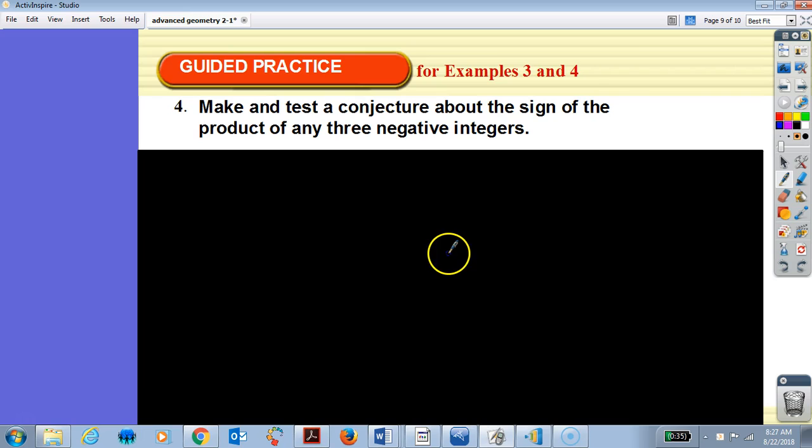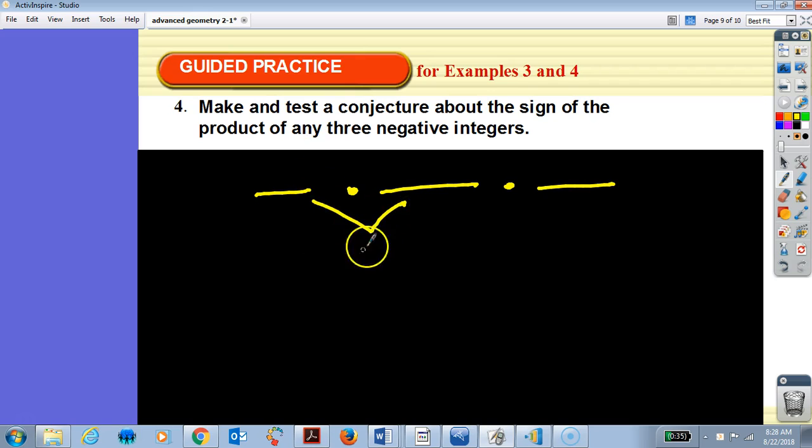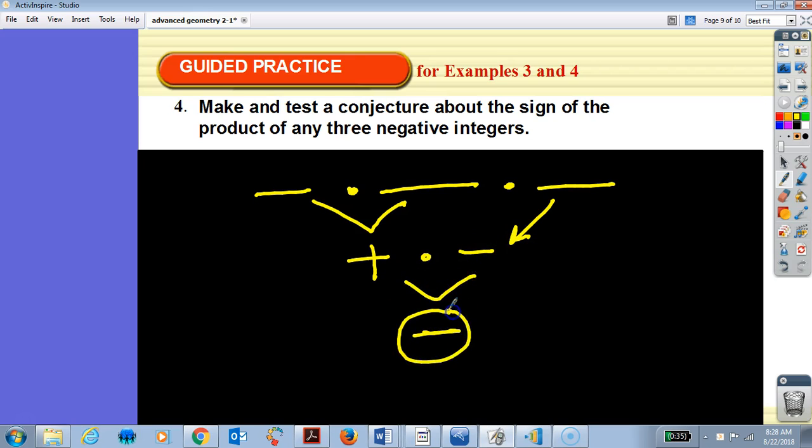Make and test a conjecture about the sign of the product of any 3 negative numbers. So what is the sign of the product of any 3 negative numbers? Well, let's test it out. I had a negative times a negative times a negative. A negative times a negative is a positive, and a positive times a negative is a negative. So it will always be negative.